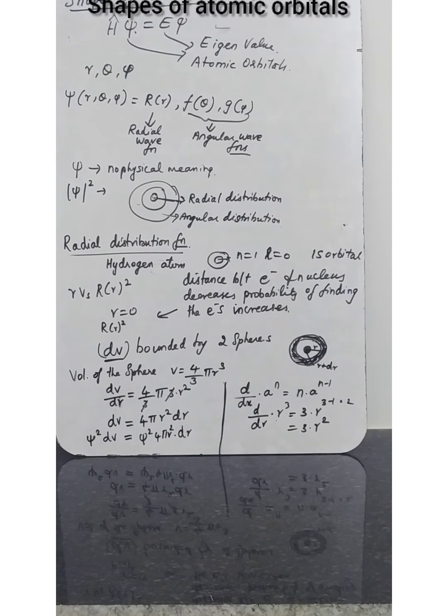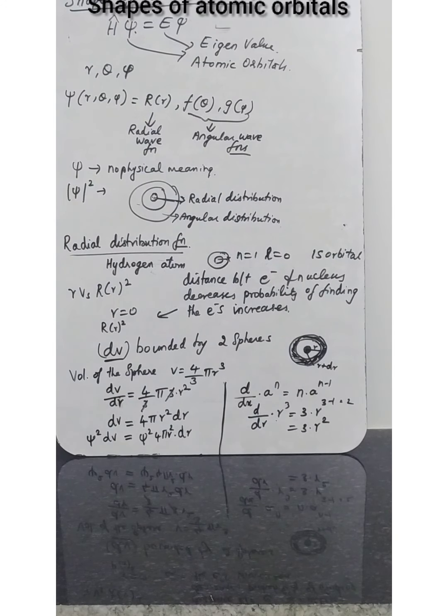So what is meant by orbital? Orbital is nothing but the region where the probability of finding the electron is maximum. It is a 3-dimensional region of space. We can find electrons only in the orbital. Understood?